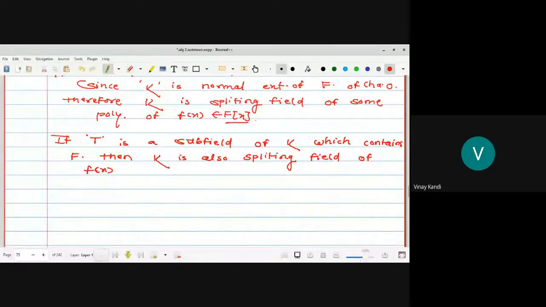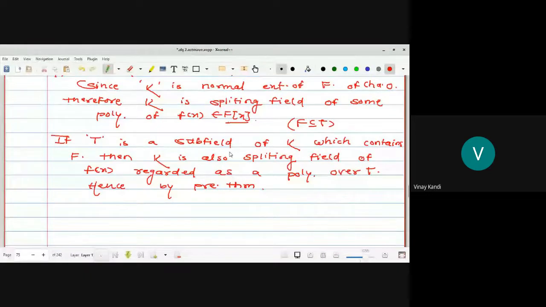T. Okay, T is a subfield of K which contains F. So this f of x is regarded as a polynomial over capital T. Okay, so hence, by the previous theorem, this is the reason for this step.